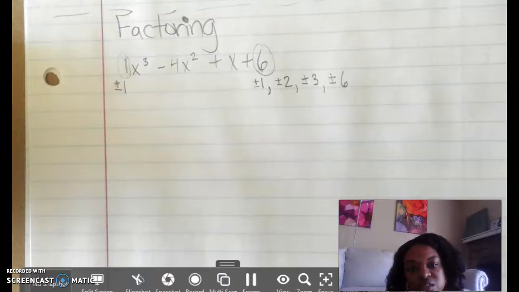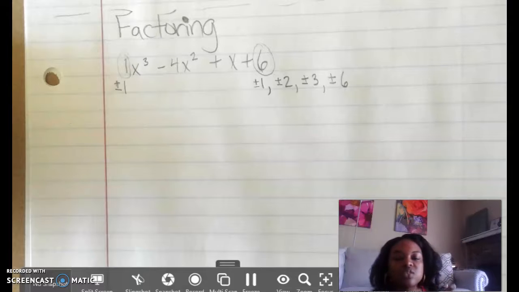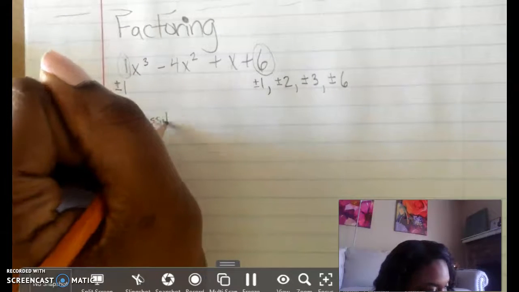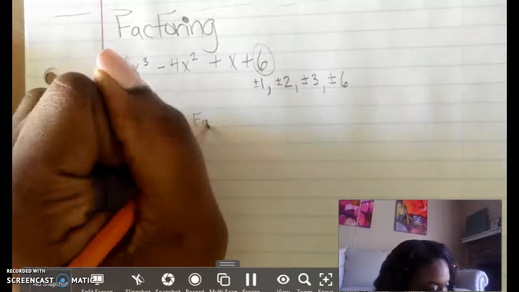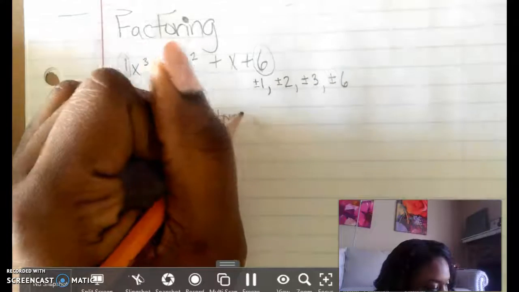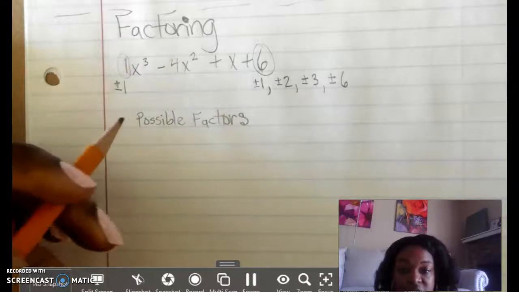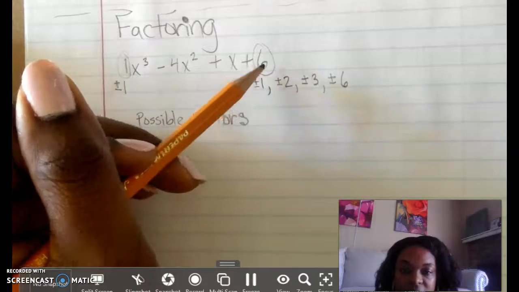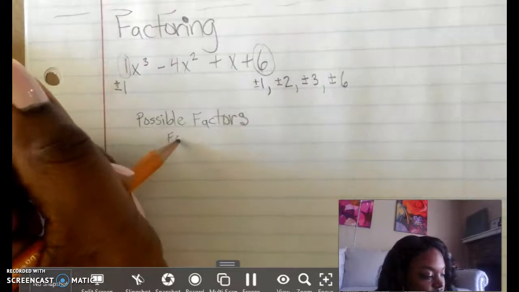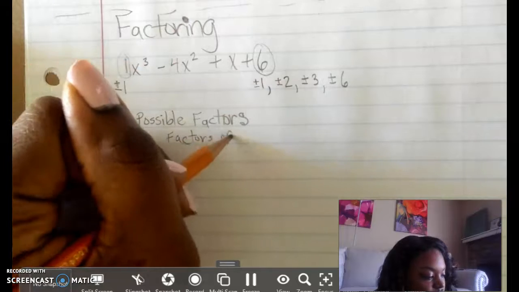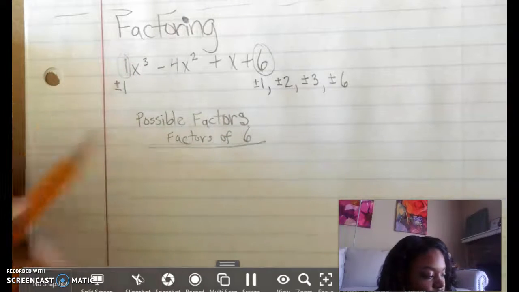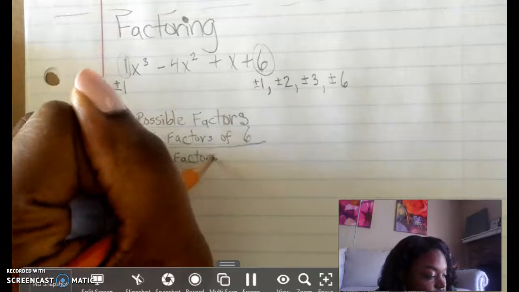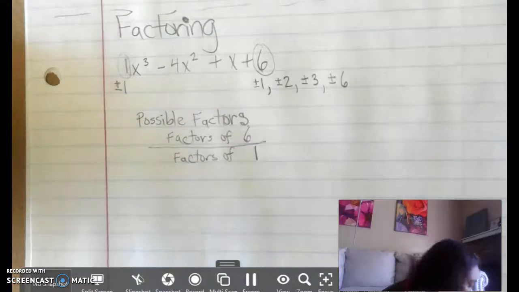Alright, next is when it gets a little bit tricky. So in order to find what we call possible factors, we're going to take the last term, or our constant, the factors of our constant here, 6, and divide by the factors of our leading coefficient, which is 1.